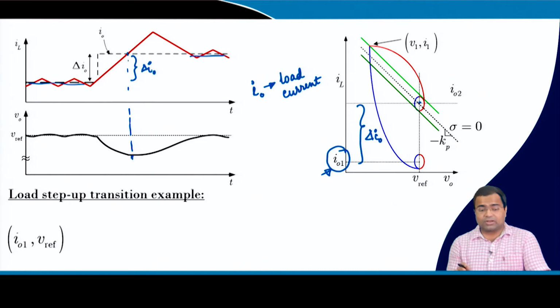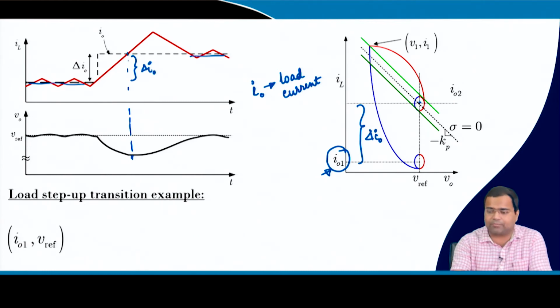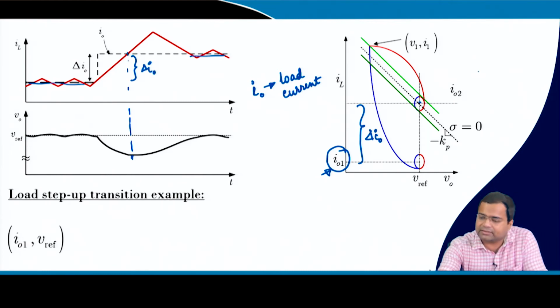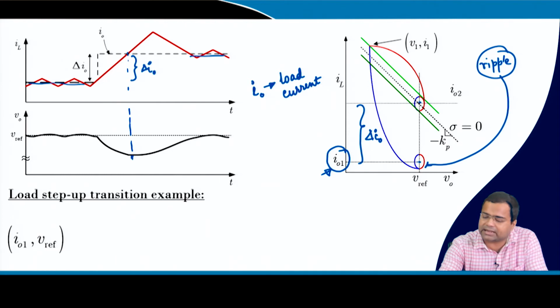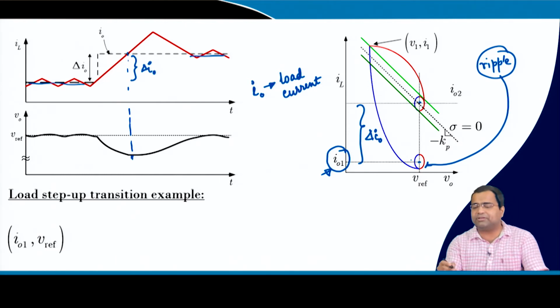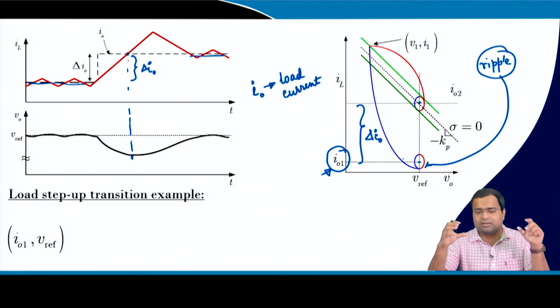Okay. So, at the starting point we are ignoring the ripple effect, so that we can take I01. This will not change the transient response drastically, because we are using a modulator.